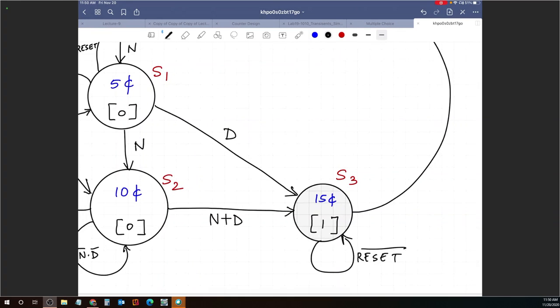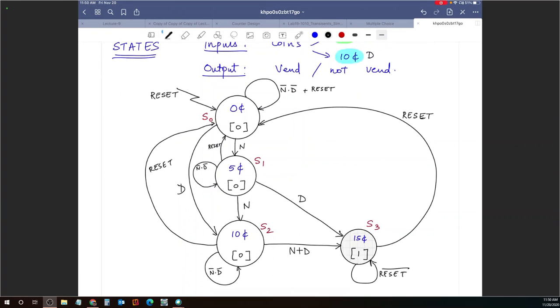Now, in order to make things a little bit simpler, what I'll do is I'm going to erase all the reset arrows because I've included this main arrow here to indicate that no matter where you are, if you press reset, you come back to S0. So I can afford to erase all of this.